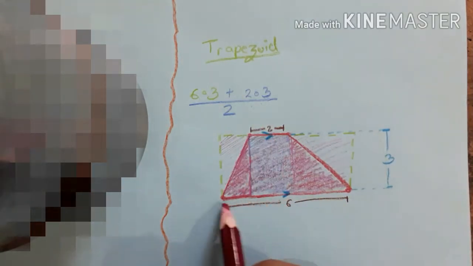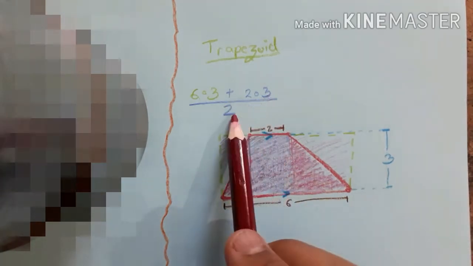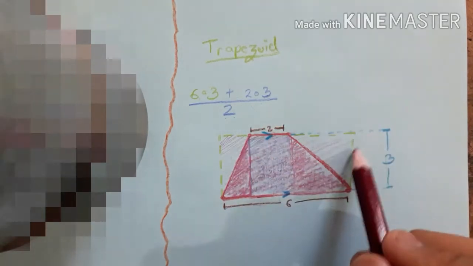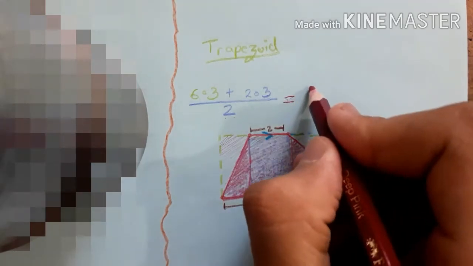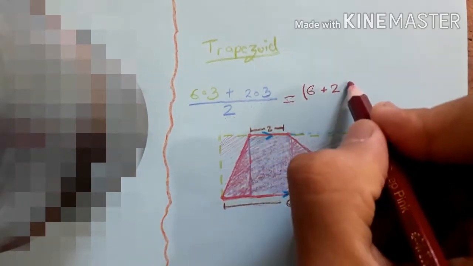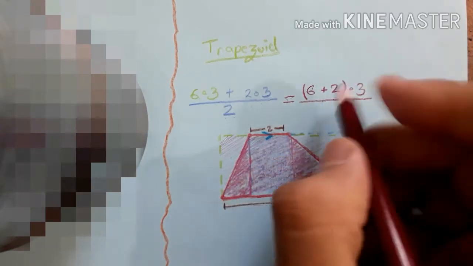We can even write the sum in the form 6 plus 2 and factorize out 3 over 2. Here we factorize out 3 times (6 plus 2) over 2 to find the average.